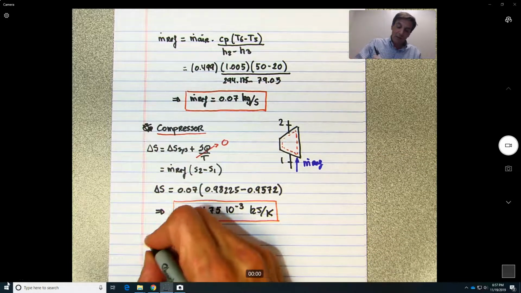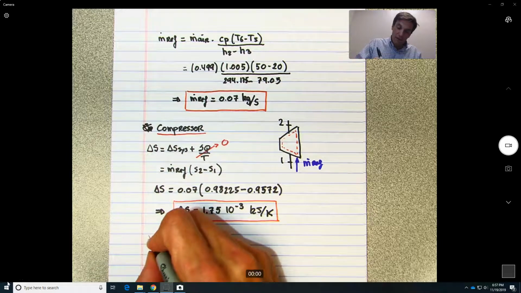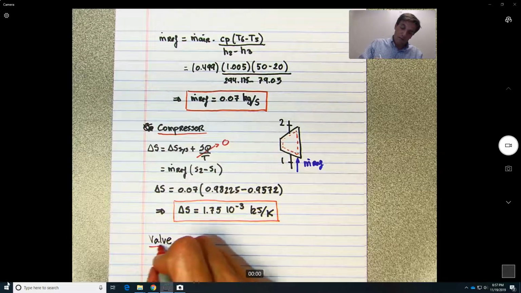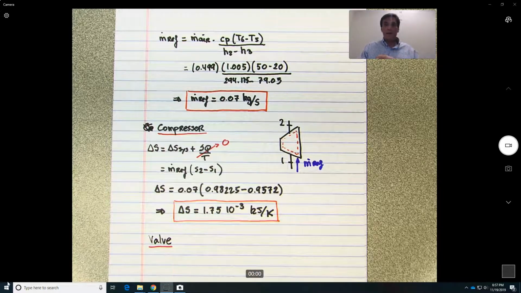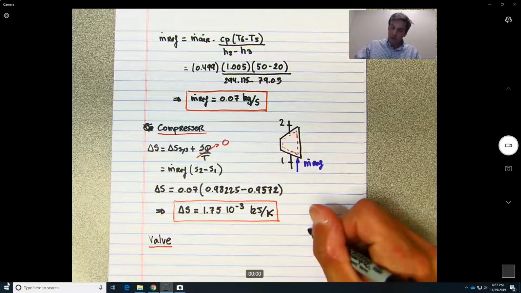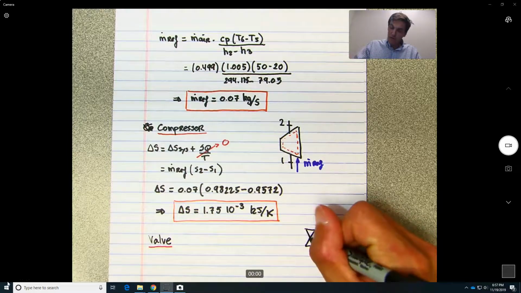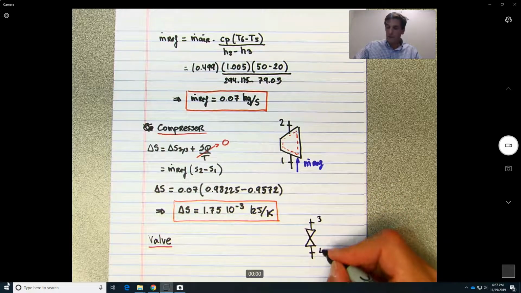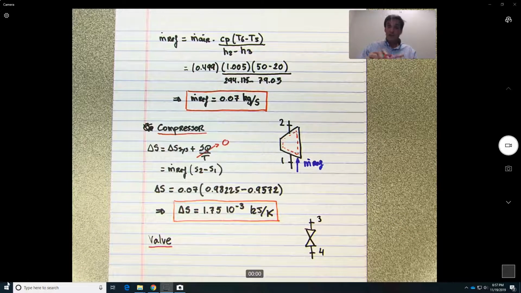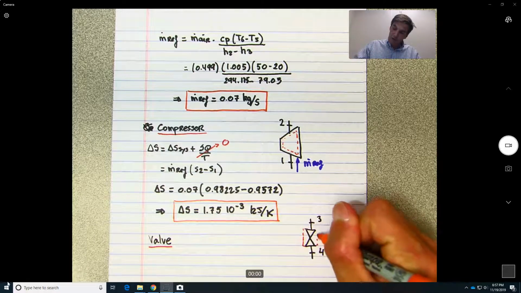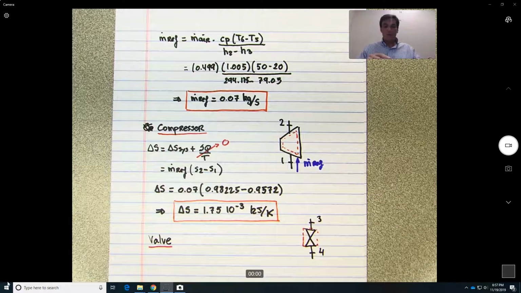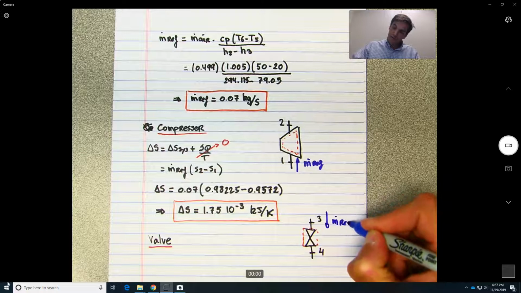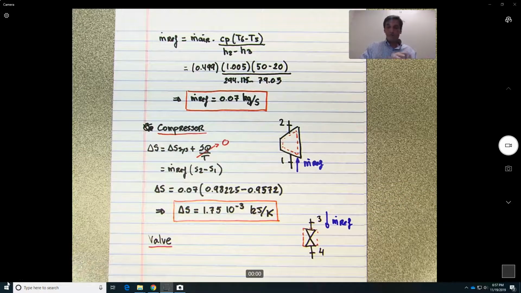Now let's look at the throttling device or the valve. So when we look at the valve, we are over here, between 3 and 4. Again, this should be our control volume, and we have the mass flow of refrigerant. Basically, it's identical to what we are doing.